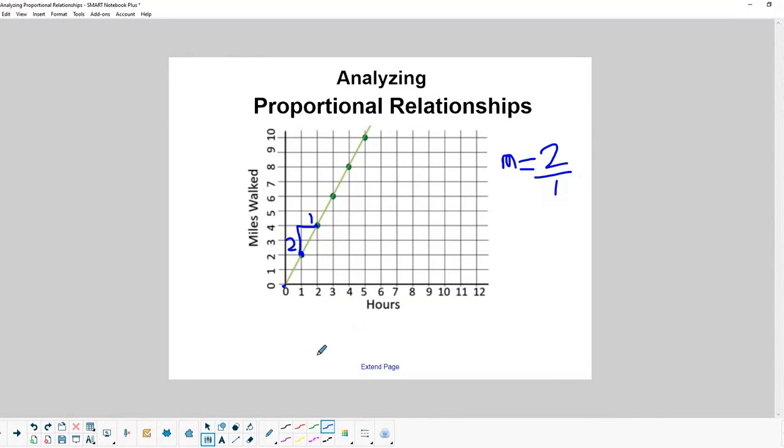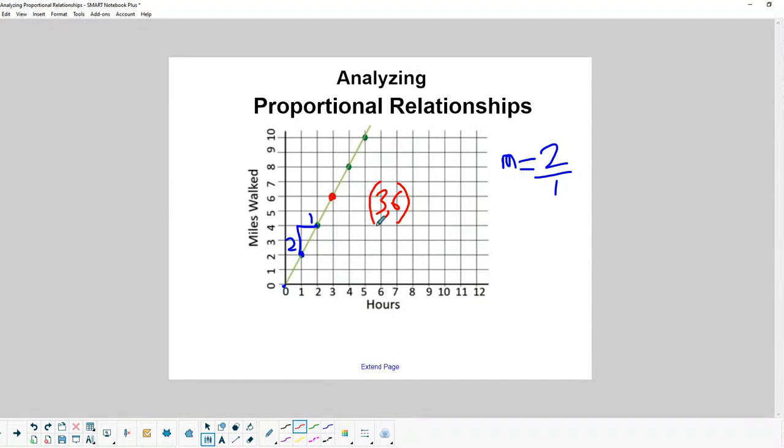Well, another thing that makes it proportional is that if we look at any one point as well, let's say this one, if we look at the x and the y value, we know that the x value is 3, the y value is 6.